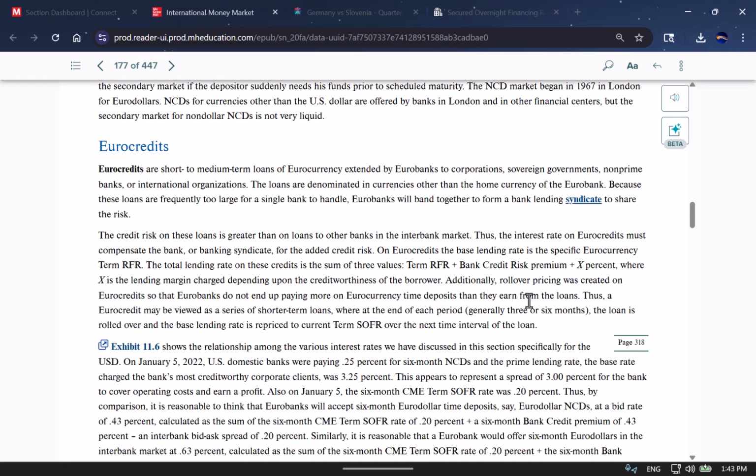And we have means to hedge those, which we're going to talk about in chapter 14. In fact, after next week, we're going to talk about international bond markets, which is chapter 12. Then I'm going to skip 13 and go to 14. 14 is how to manage interest rate exposure in single or multiple currencies.